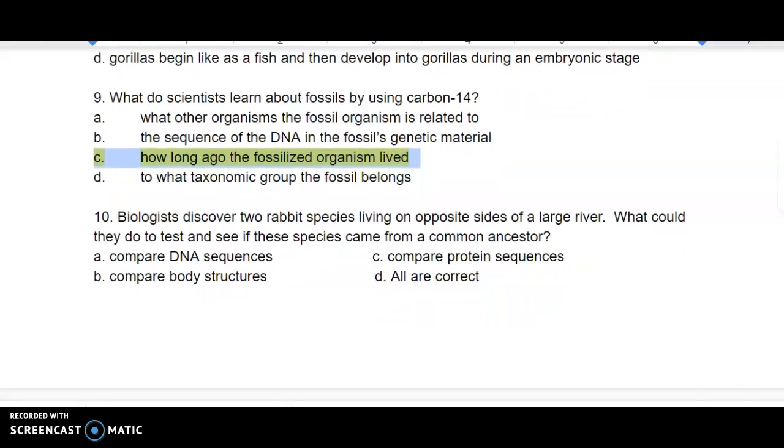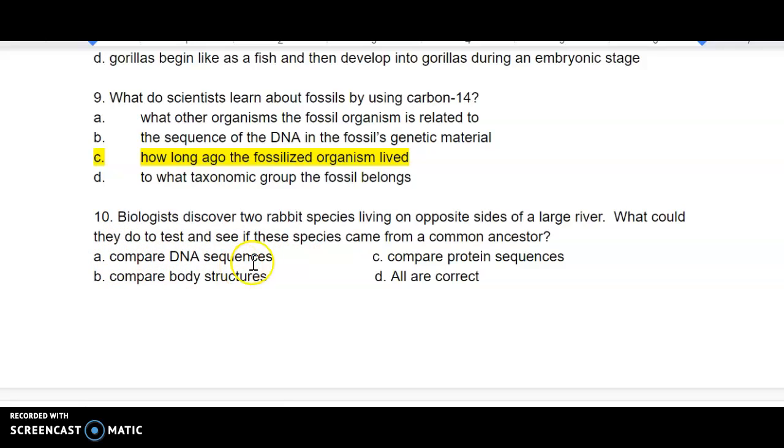Not very precise. Number 10, biologists discovered 2 rabbit species living on opposite sides of a large river. So they have a geographical barrier there. They can't get to each other. What could they do to test and see if these species came from a common ancestor? Could you compare the DNA sequence?